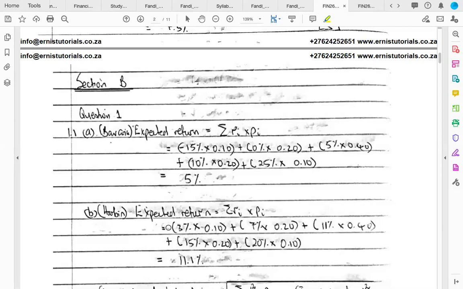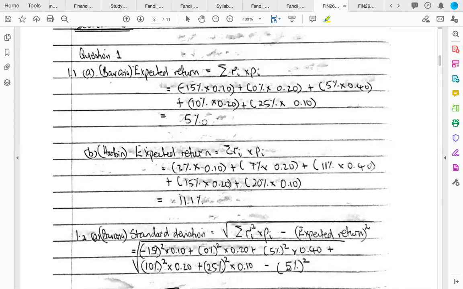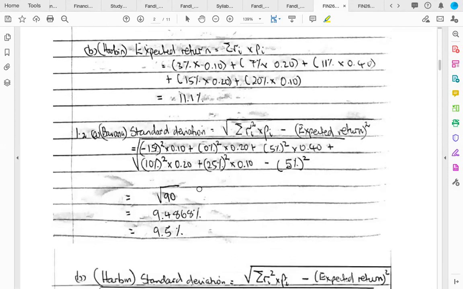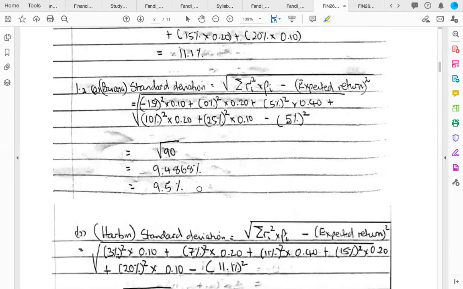So you'll see that's how we got this 5%. And you would repeat the same for Harbin, and you would get 11%. You can just practice that. So those are the expected returns. And then you can calculate the standard deviations using the following formula. There are two formulas to calculate the standard deviation. Remember, we talked about that in the earlier classes.